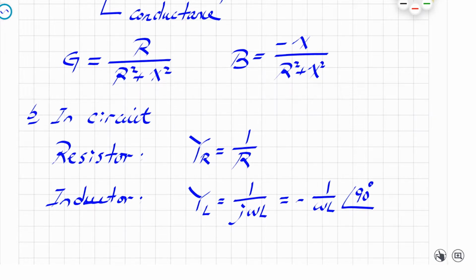But remember the negative sign. We can absorb the negative sign inside to make it negative 90 degrees.